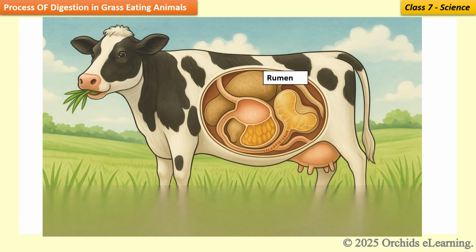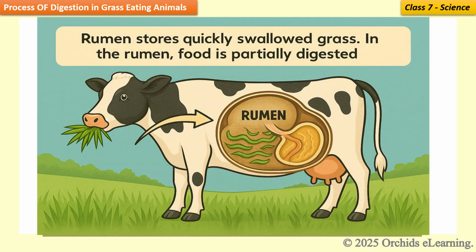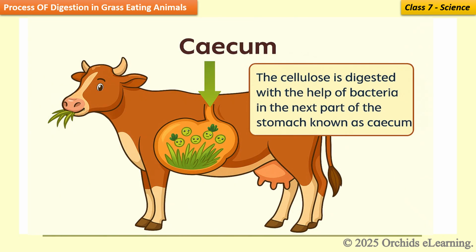They have rumen, a part of the stomach. Rumen stores quickly swallowed grass. In the rumen, food is partially digested. The partially digested food is cud. The cellulose is digested with the help of bacteria in the next part of the stomach, known as cecum.